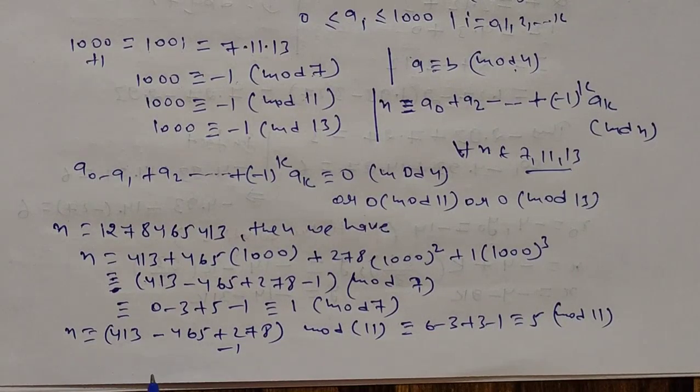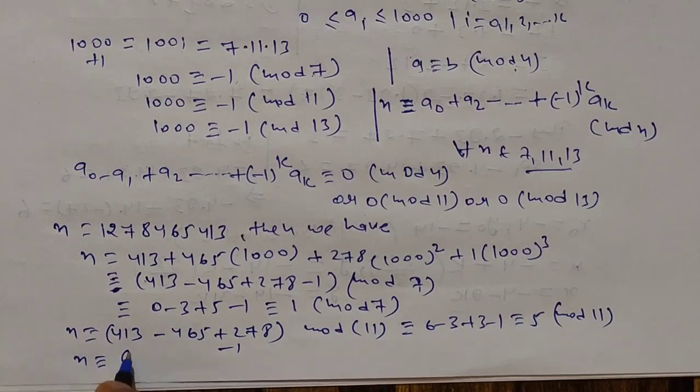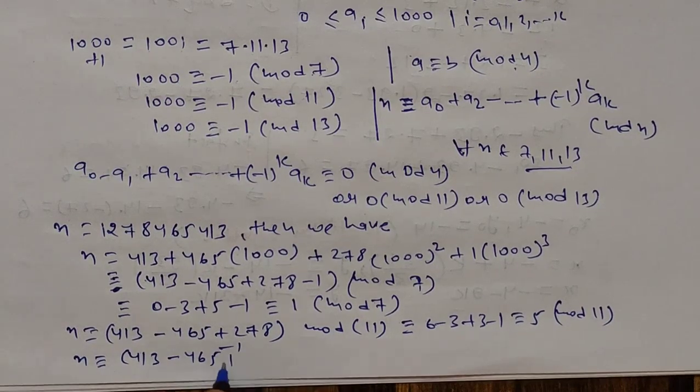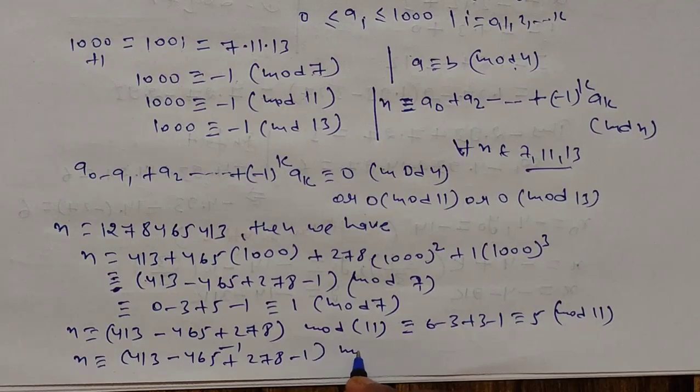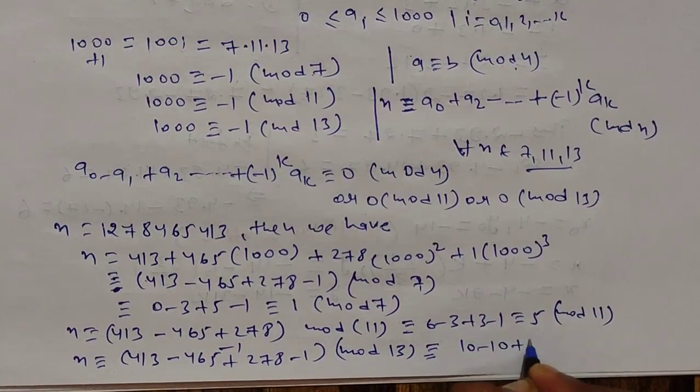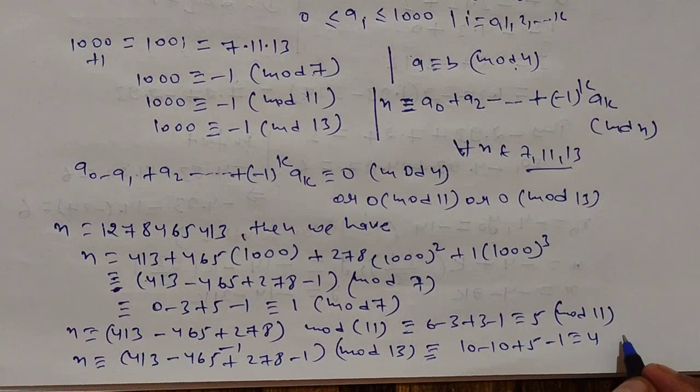And the same for mod 13: n is congruent to 413 minus 465 plus 278 minus 1 mod 13, and this is congruent to 10 minus 10 plus 5 minus 1, congruent to 4 mod 13.